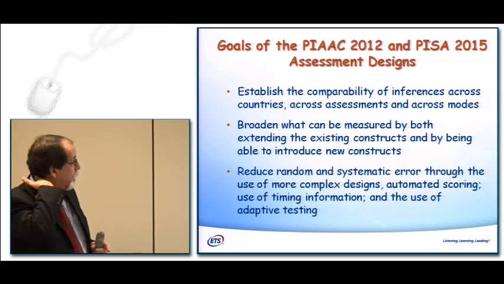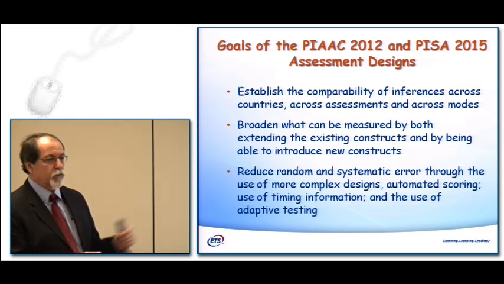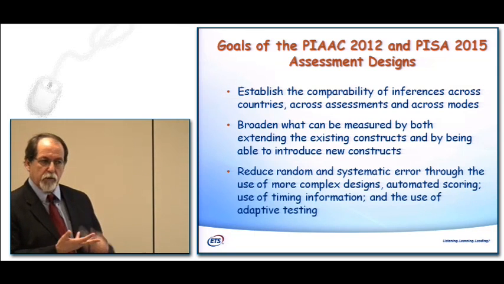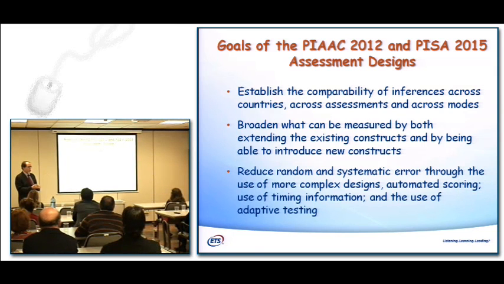I think another challenge in these designs, and one of the best outcomes, is that you can reduce random error, and you can reduce systematic error or bias through these more complex designs. I think we're starting to introduce more automated scoring into these assessments. In PIAAC, everything on the computer was automated scoring.